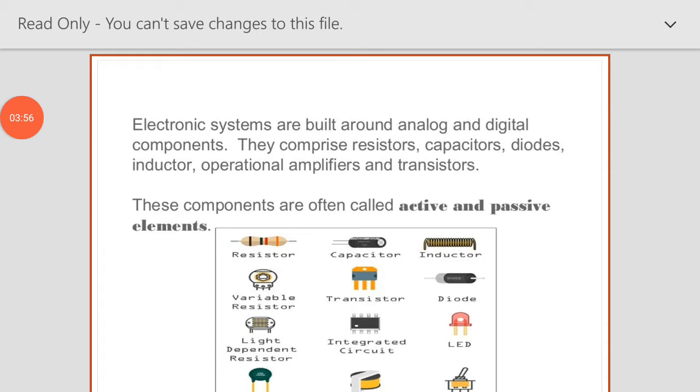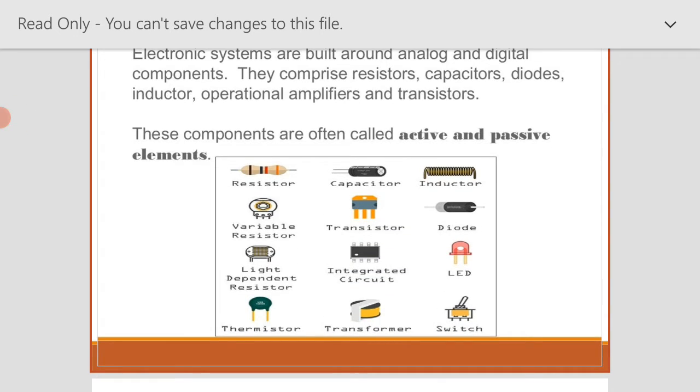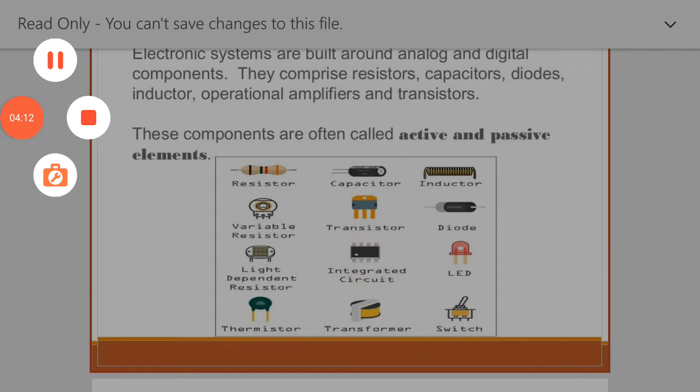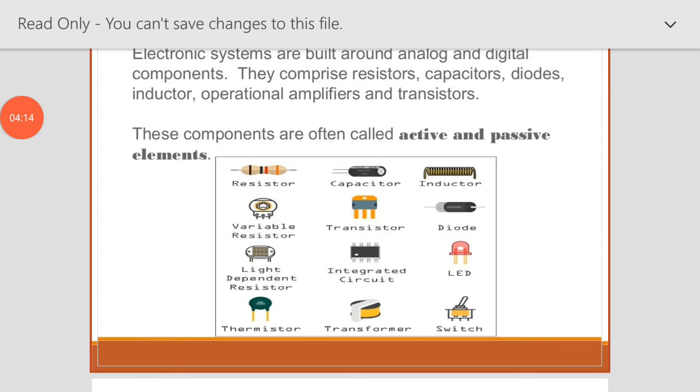These components are often called active and passive elements. The figure shows the examples of active and passive elements: resistor, capacitor, inductor, variable resistor, transistor, diode, LDR (light dependent resistor), integrated circuit, LED, thermistor, transformer, and switch.